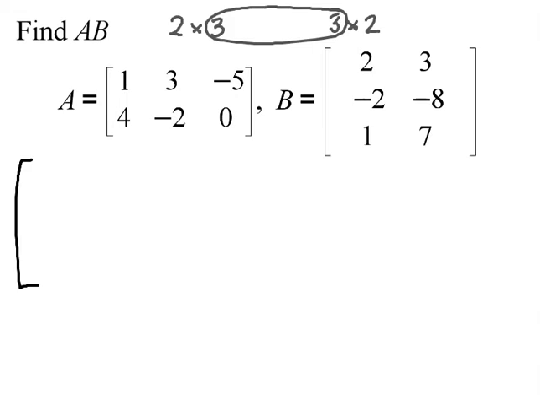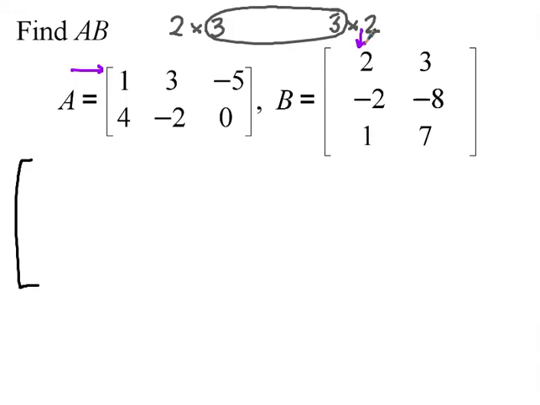So what am I going to do? I'm going to take row 1 times column 1. So now this one, instead of having 2 terms, actually has 3. So you're going to take first times first, plus second times second, plus third times third. Okay. So let's start with first times first.